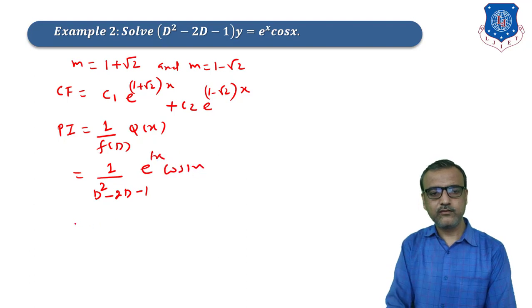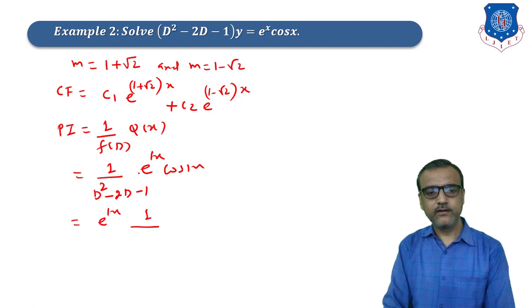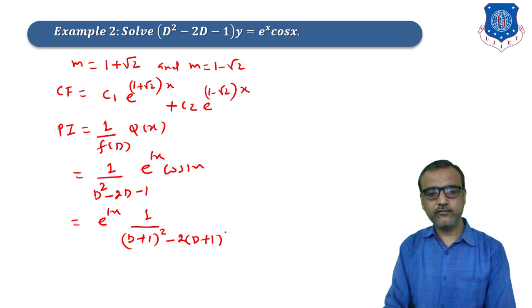So we will keep e raised to 1x outside, 1 over, replacing D by D plus 1. So we have (D plus 1) the whole square minus 2 times (D plus 1), this minus 1 will be as it is, and we will have v, that is cosine of 1x.